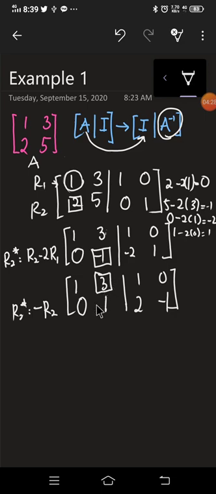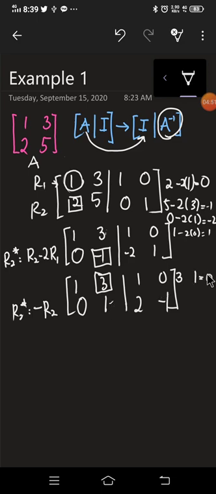How to get 0 from here? We have 3, and we cannot multiply by 0, because then everything in this row would be 0. So we do the operation with the other row. We have 3, and we have 1 on the second row.